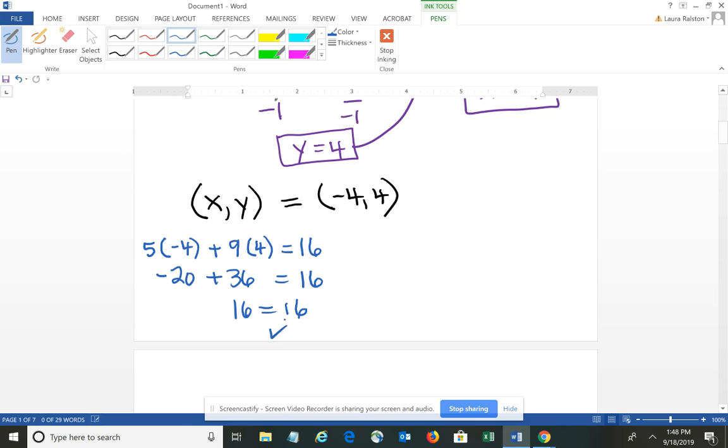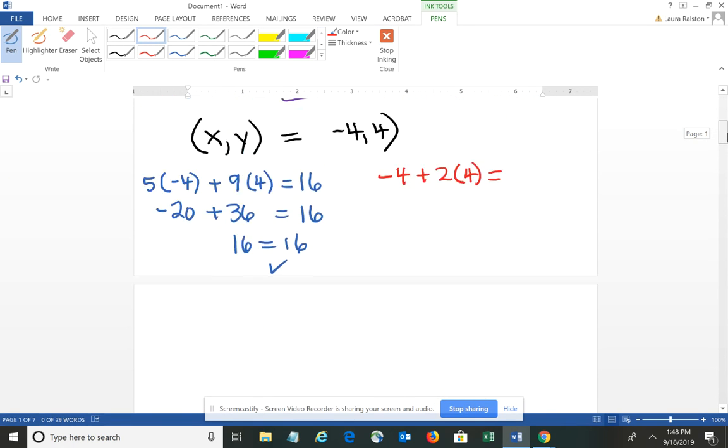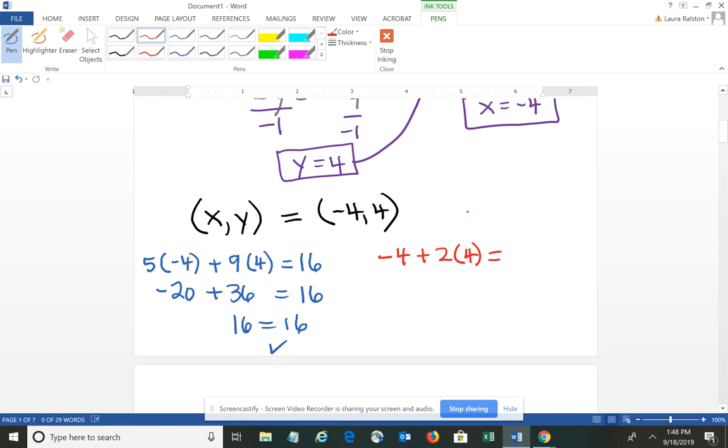Then I do the red equation, checking myself. I have -4 plus 2 times 4 equals, and I don't recall what that is. Let me go back up here and look. It equals 4. So I have -4 plus 8 equals 4. 4 does equal 4.